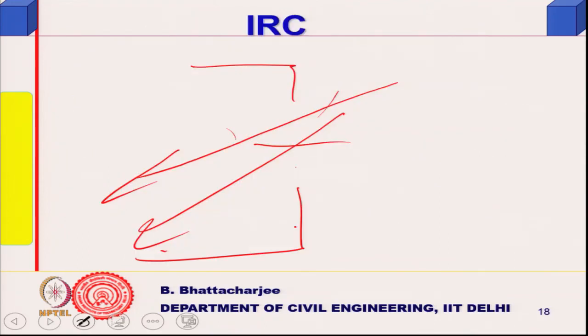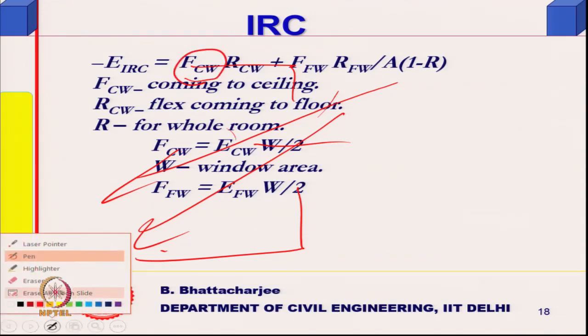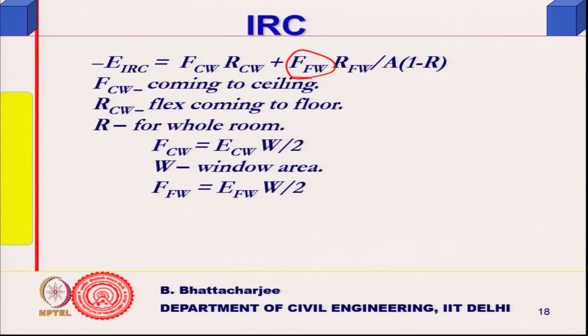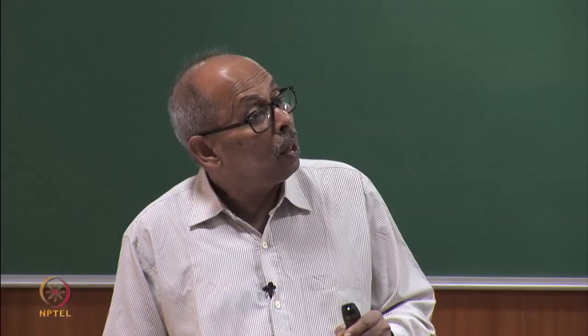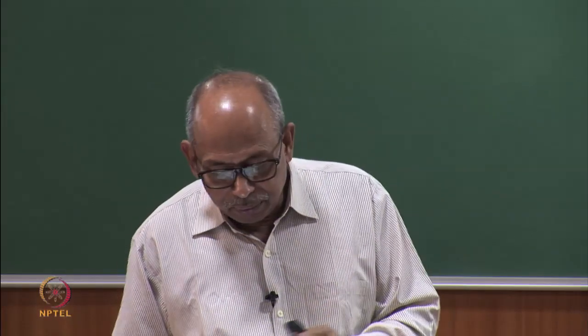So what we do is we divide into two parts, FCW and FFW. CW is the one which goes to the ceiling, that means it comes from the ground.